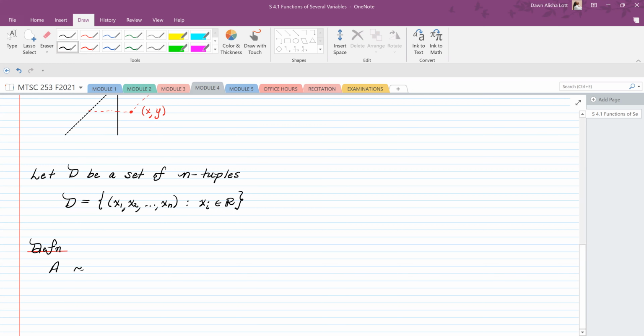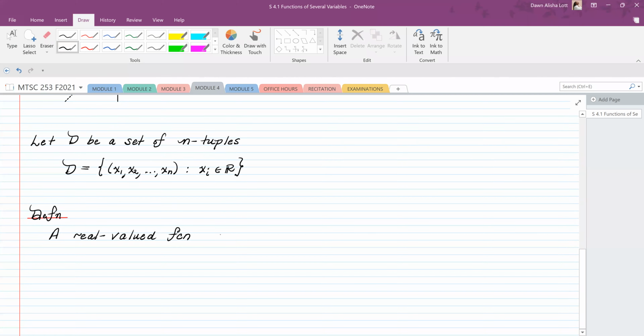So a real valued function, we can call it W. And W goes from D to R, is a rule that assigns an element of D to a real number.